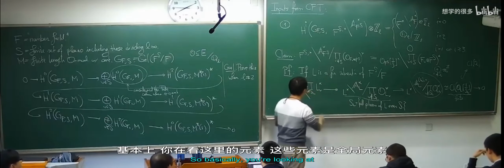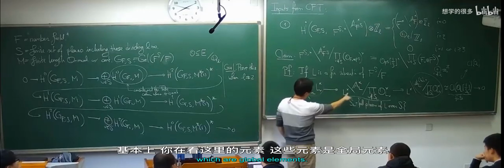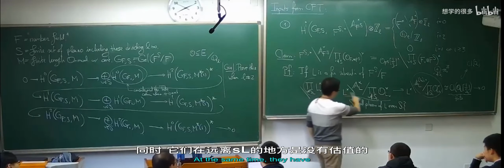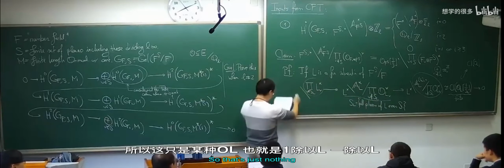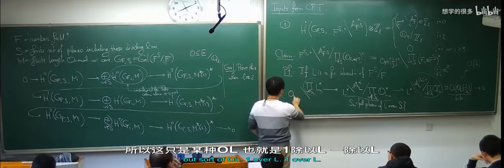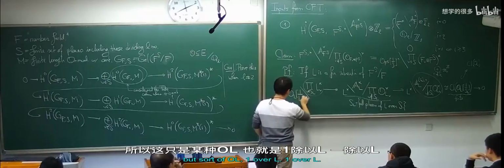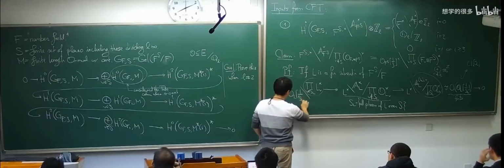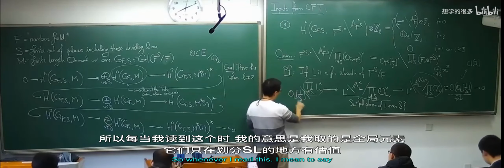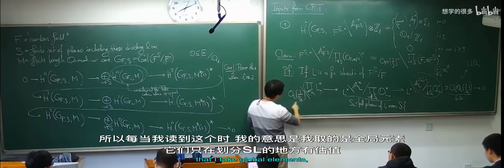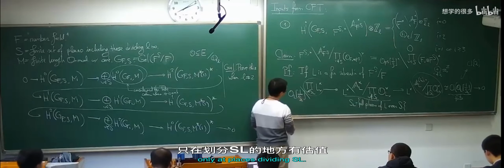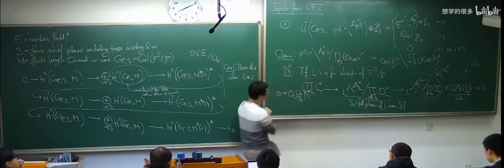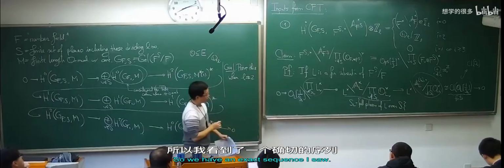So basically, you're looking at elements in here which are global elements, and at the same time have no valuation at places away from SL. So that's just O_L, 1 over L, how should I say this, SL. So whenever I write this, I mean that I take global elements which have valuations only at places dividing SL. So we have an exact sequence SL.